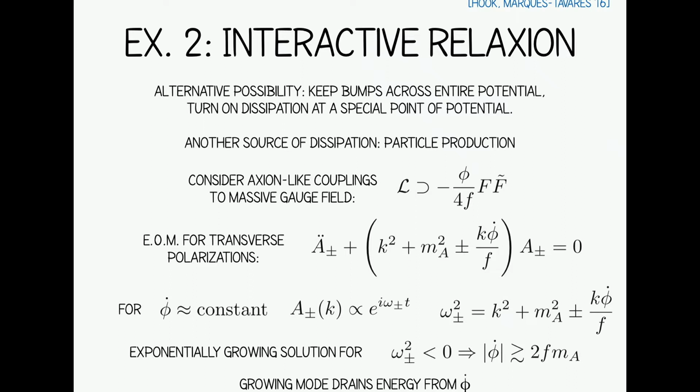So this would be a way of having some field phi evolving along its potential, having no dissipation over some range of field values, but if phi is also scanning the mass of these gauge bosons, at some point the mass of the gauge bosons gets small enough that phi can dissipate energy into production of the gauge bosons. So dissipation turns on at a special point, and then phi stops shortly thereafter.